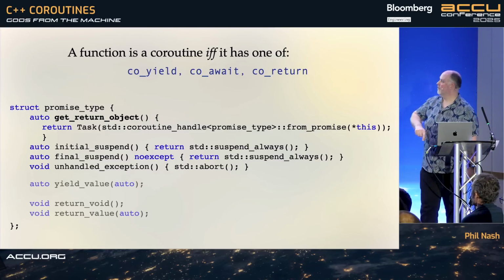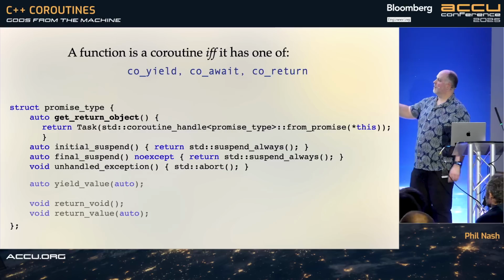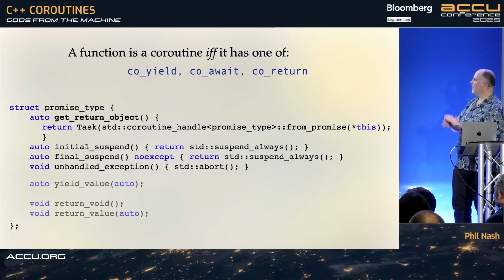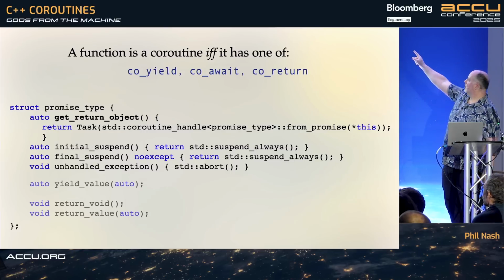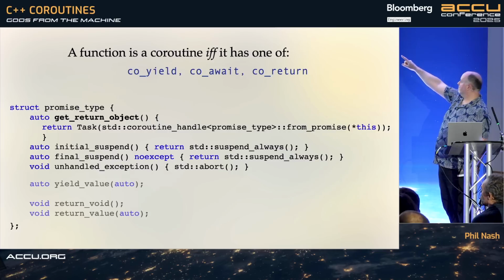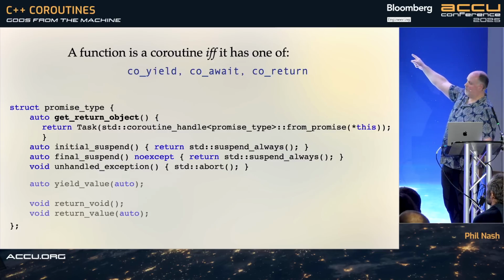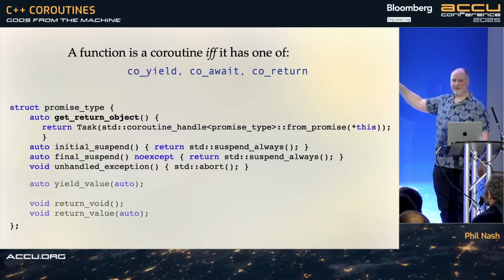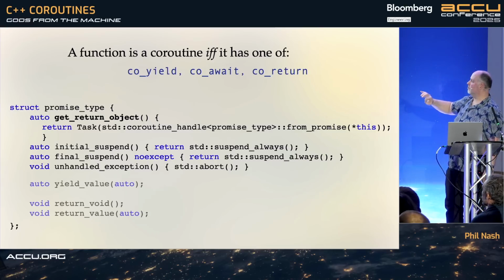See it constructed there. Strictly speaking, it only has to return something that can be converted to that type, but that's just a little detail. We will usually see this form: getting the promise type, getting the handle from the promise type, and passing that onto the task. Don't always need that. Usually you do.